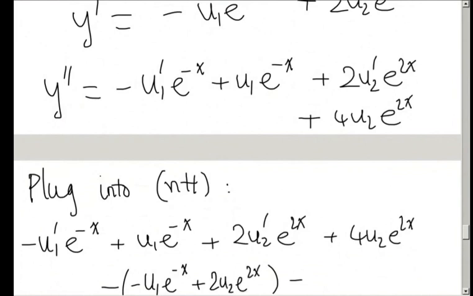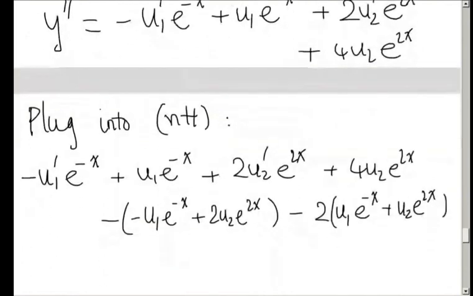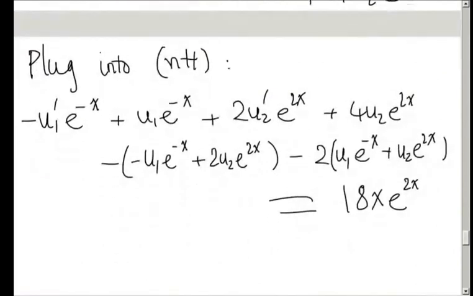And lastly, we need to subtract twice y, which is u1 e to the minus x plus u2 e to the 2x. The right hand side for the non-homogeneous part is 18x e to the 2x. Now we need to distribute and cancel like terms.